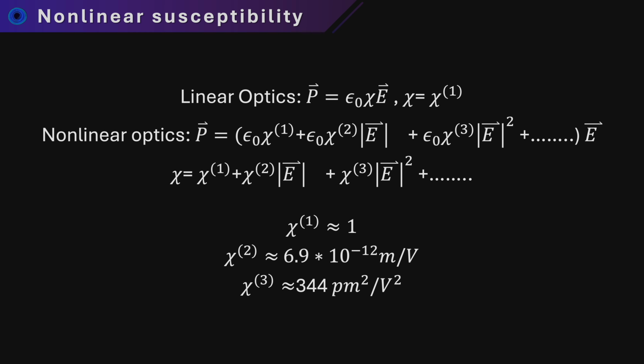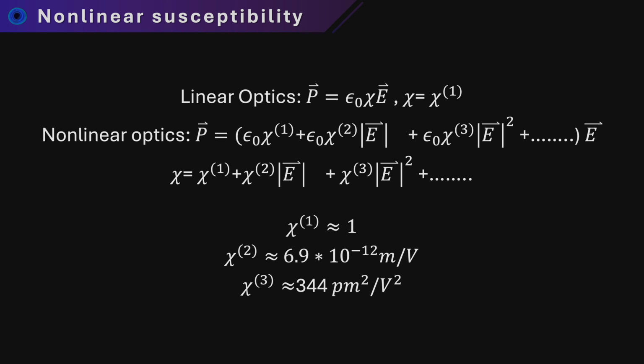These higher order terms like chi 2, chi 3 and so on are what give rise to nonlinear optical effects. Like second harmonic generation that we talked about, that was a chi 2 process, and Raman scattering we just saw, that's a chi 3 process.